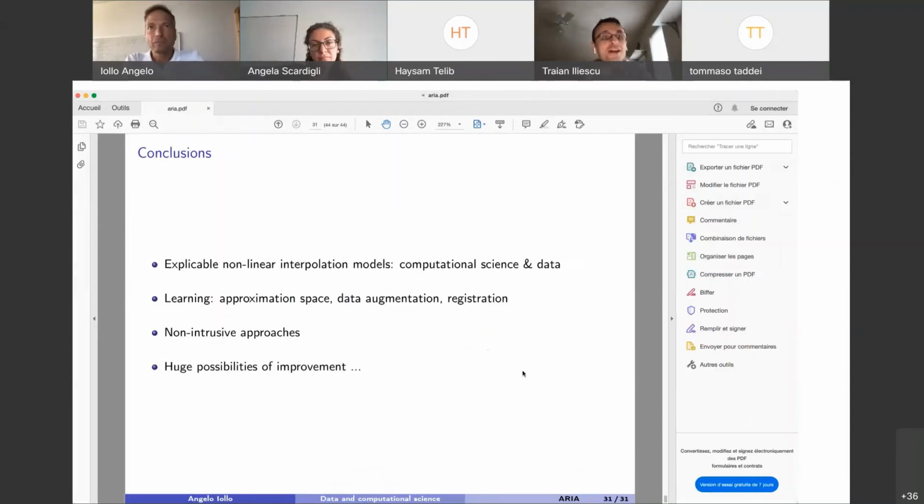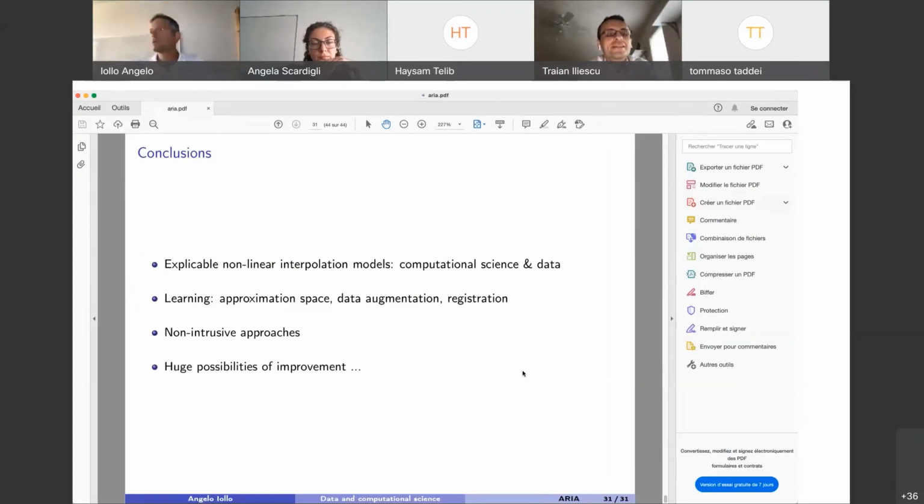Now, the question I have is, are there other techniques? How would this approach compare with alternative approaches that other people are using? To me, it sounds very much like a nonlinear manifold type of interpolation. And so how would this fit in the grand scheme of things?